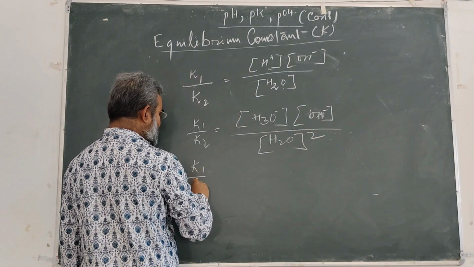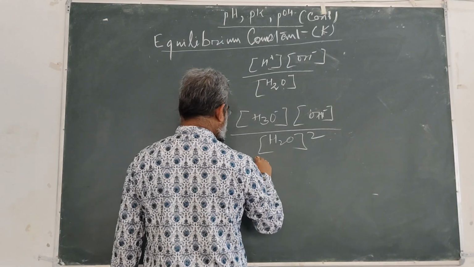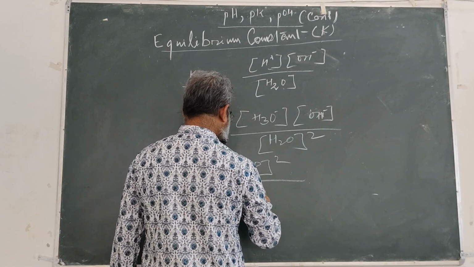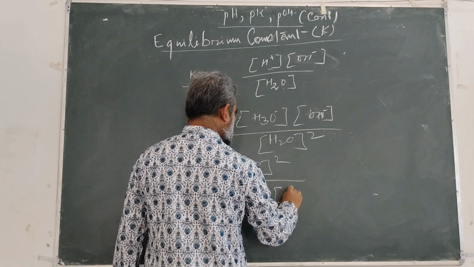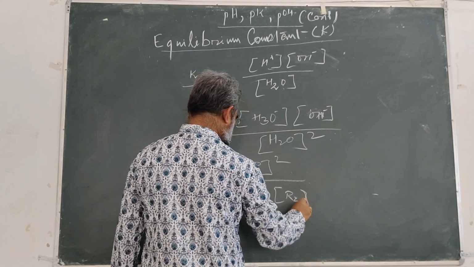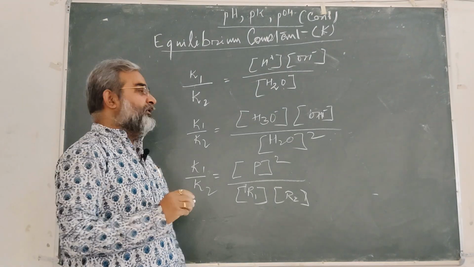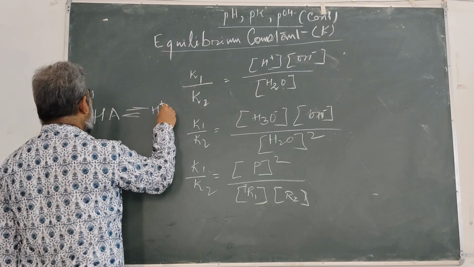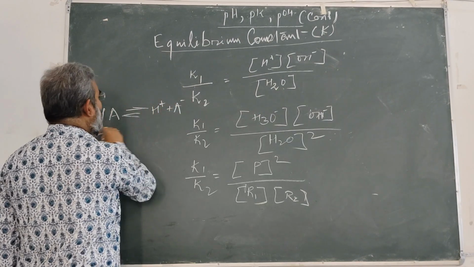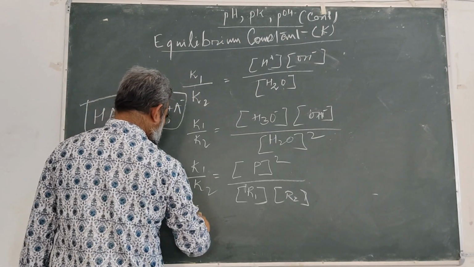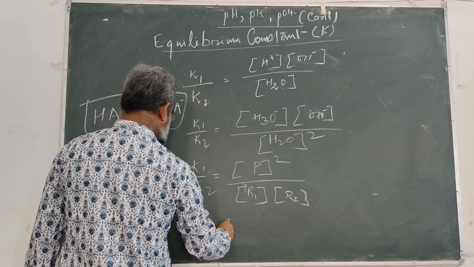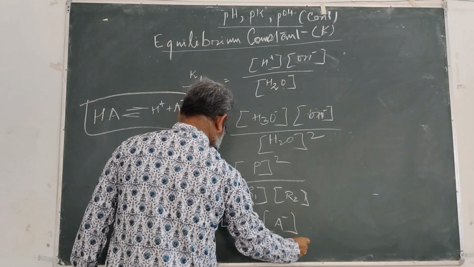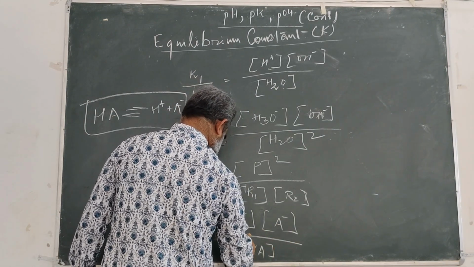And if we use this symbol, H plus A minus, then K1 by K2 is equivalent to this one.